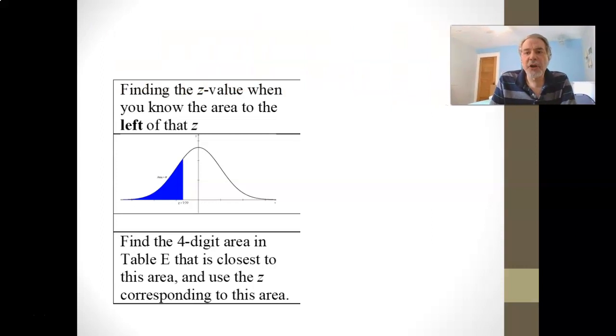So first let's talk about the simplest situation, which is where you're trying to find the z value when you know the area to the left of that z. So we'll just be doing the reverse of what we were doing before. We're going from the 4-digit area, somewhere in the middle of Table E, to the z number on the outside that corresponds with that area.